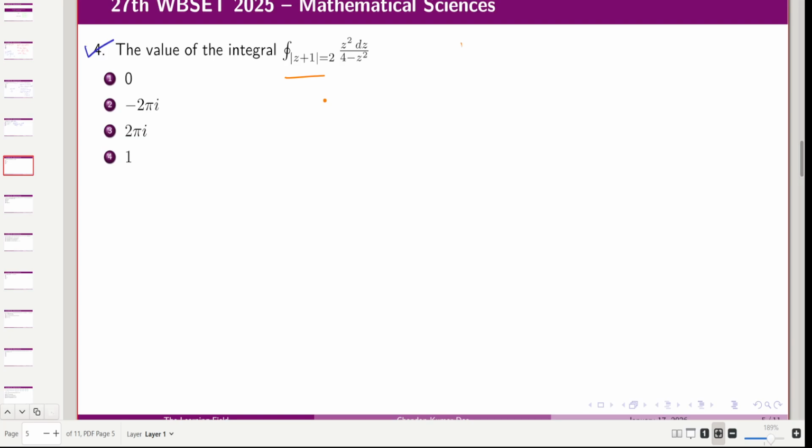This is a question of complex integration. It says the integral over |z + 1| = 2 of z square dz by 4 minus z square. So what is the contour? Suppose 1, 2 here, and minus 1, minus 2.